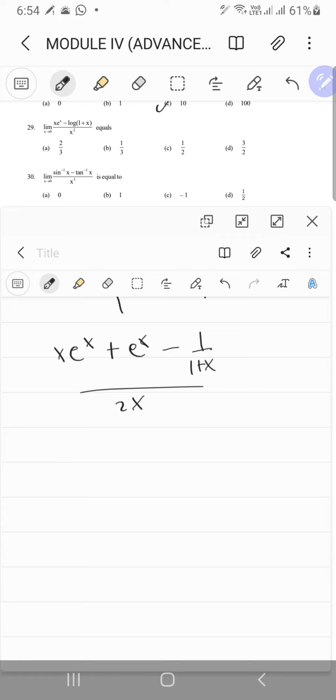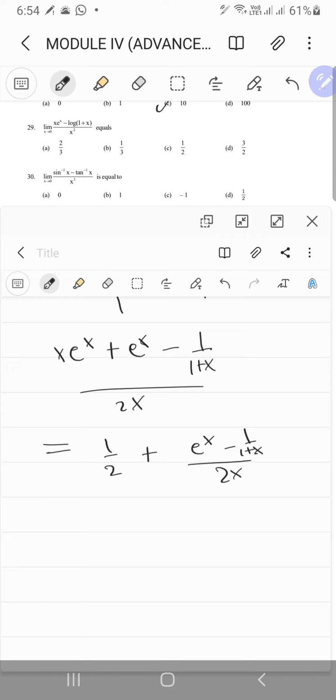Oh well, this thing is nice. So this can be written as 1 by 2 plus, yeah, I think that is correct, e to the x minus 1 upon 1 plus x, upon 2x. That's much better. Nice.